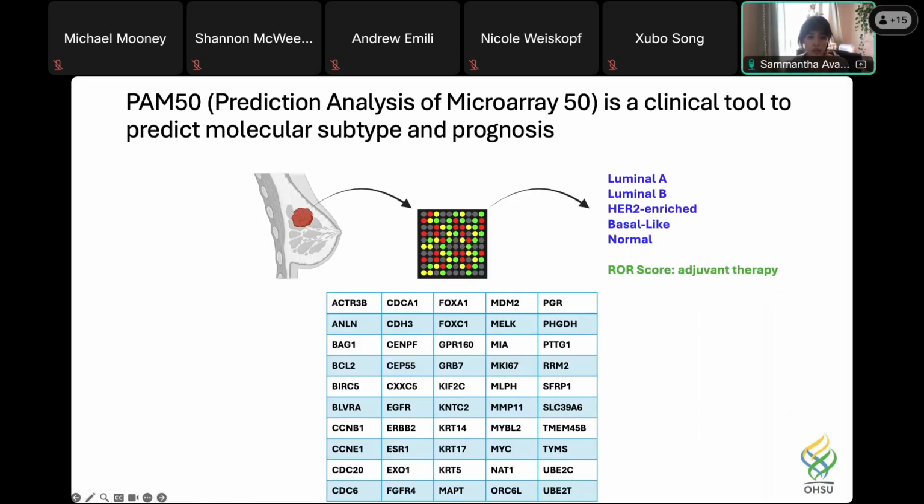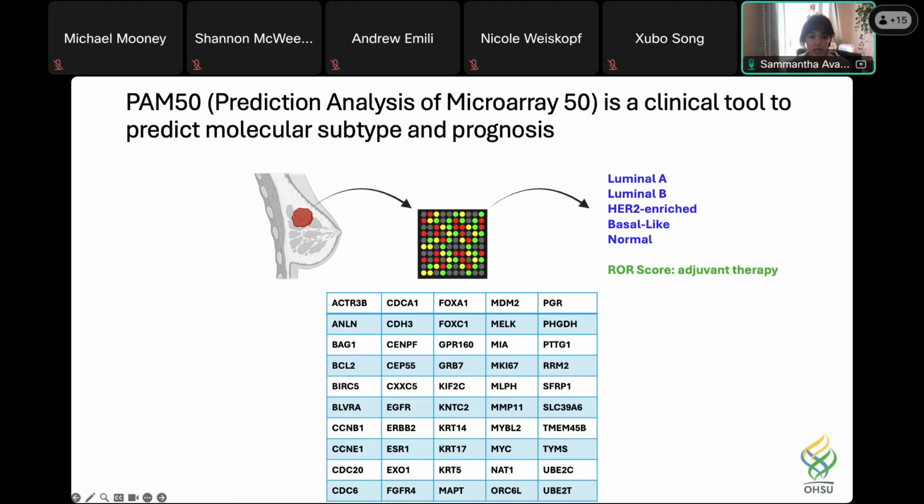Research showed that gene expression-based molecular subtyping dramatically improved breast cancer prognoses, as well as the creation of more targeted therapies. This led to the creation of various diagnostic tools aimed at translating these molecular subtypes into the clinical setting, where specifically PAM50, or the prediction analysis of microarray 50, is considered to be the gold standard for molecular subtyping.